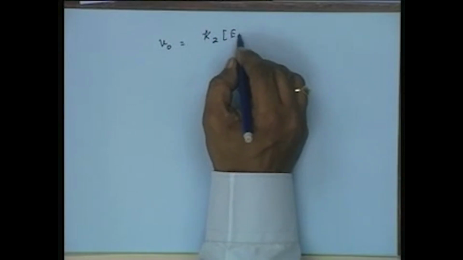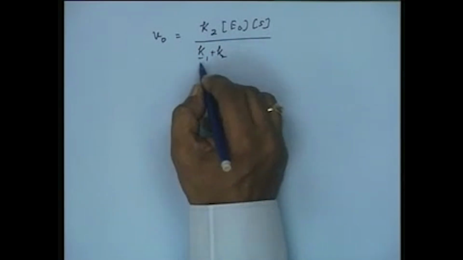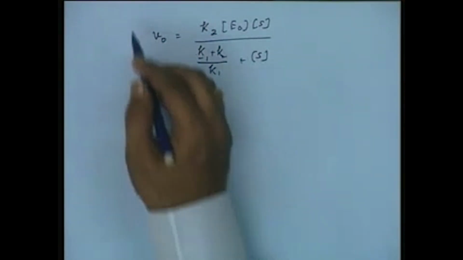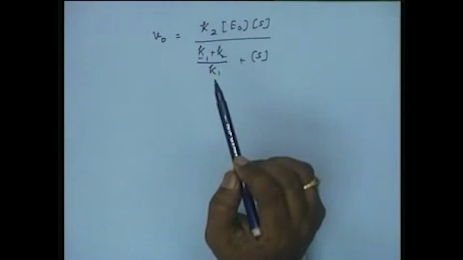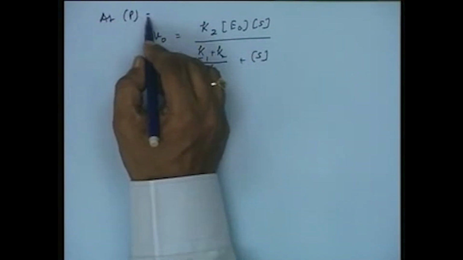He also followed the initial reaction rate concept as K2 E0 into S upon (K minus 1 plus K2 upon K1) plus S. Now, this is after you take a general reversible equation and put P equal to 0, because if you are considering the forward reaction only, where you start with the substrate at the initial rate, the product concentration is 0. If in your general expression you put P equal to 0, you will arrive at the initial reaction rate.